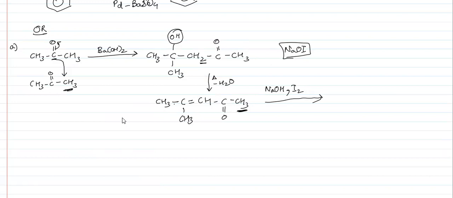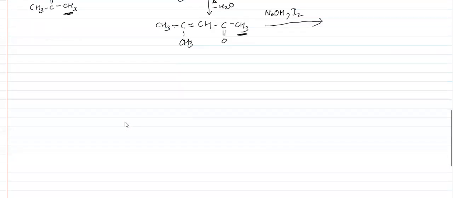So let's quickly write the general chemical reaction for the iodoform test, which is RCOCH3 reacting in the presence of NaOX to give us RCOONa plus CHX3.